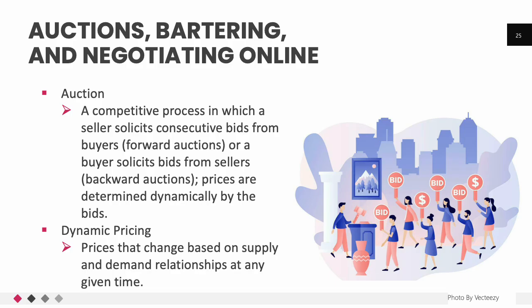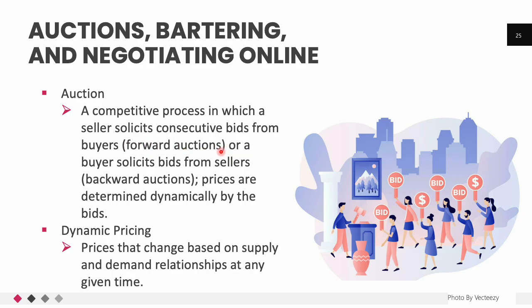For example, you bid $50 on a vintage watch, and then someone outbids you with $55. It's called a forward auction. That's the forward auction, the seller's game.